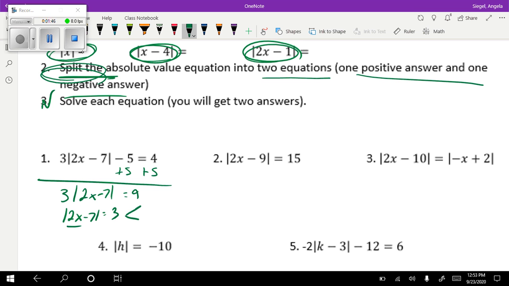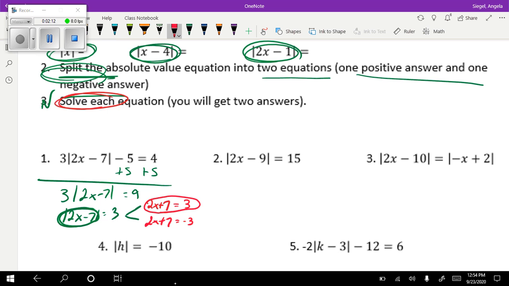We do not touch what's inside the absolute value, so that's going to stay the same. My two equations are going to be 2x plus 7, 2x plus 7. Notice those don't change, but one is +3 and one is -3. And then finally, I'm going to solve for each equation.